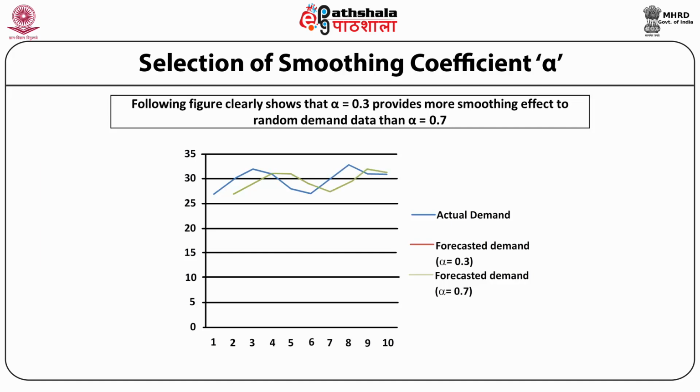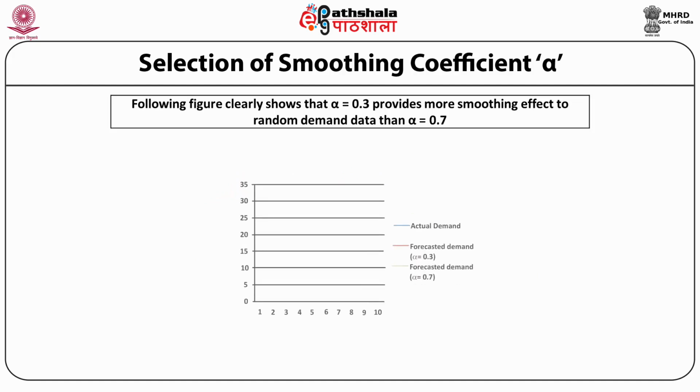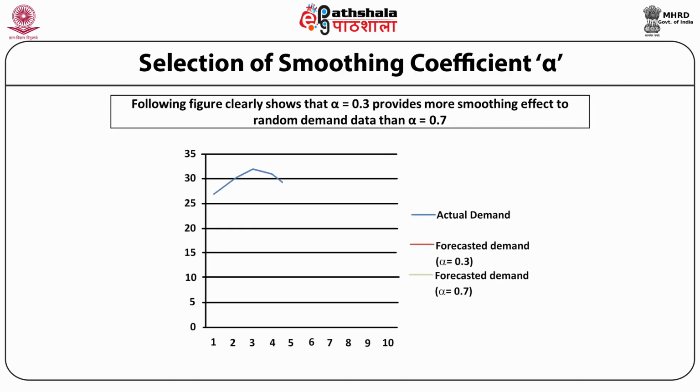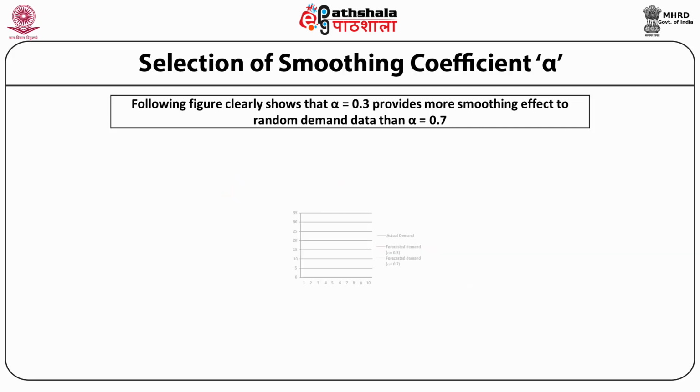From this, it can be inferred that the forecast for week 11 would be more accurate by using alpha as 30%, which has been calculated as: forecast for week 11 would be 0.3 × 31 + 0.7 × 30.42, and our answer would be 30.59.